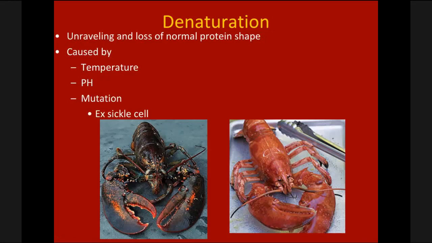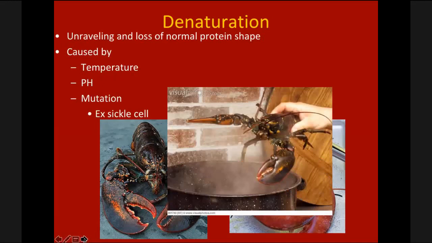All right, you guys familiar with cooking lobster? At least maybe seen it on TV. So here's what lobsters look like in nature. In their carapaces, their shells, they have a protein that gives them this bluish green color. And when you dump them in boiling water, they turn red. If you notice, the red's already in there in the carapace.